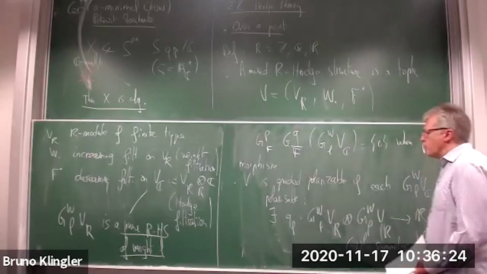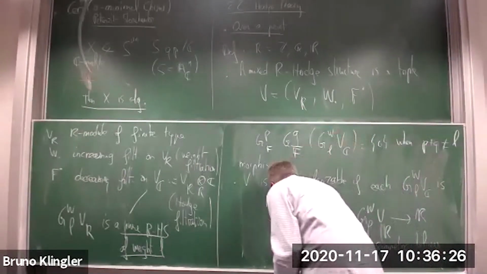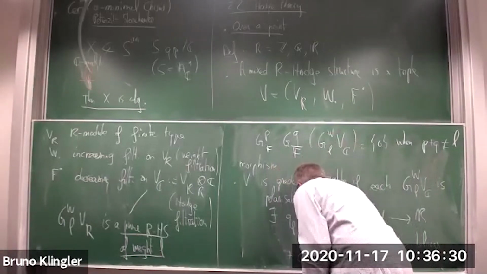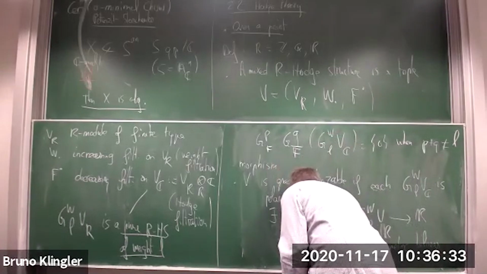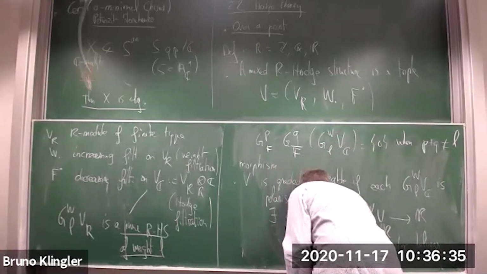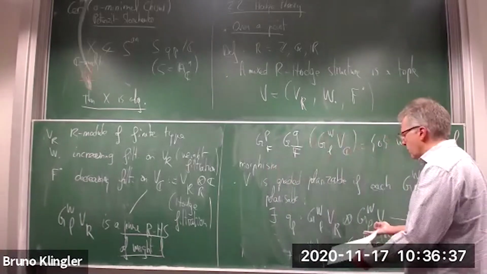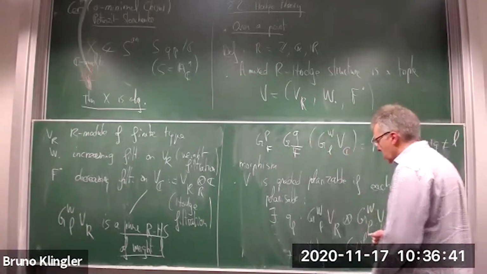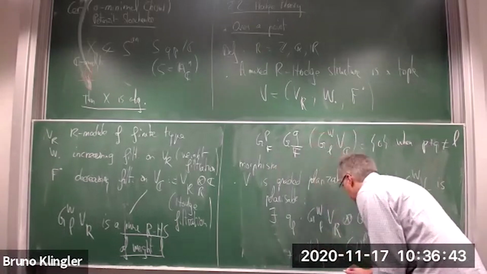And then there is a positivity condition that I will not write because most of you know it. Plus positivity condition on the associated Hermitian form. So the associated Hermitian form is not positive definite, but when you twist it by the Weil operator, it becomes positive.